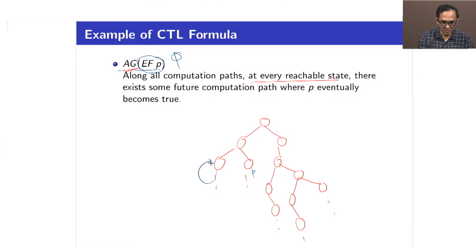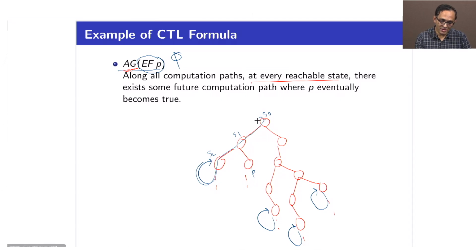I have to give a concrete example here. Let us say I have this, these are all self loops, so that it becomes infinite. Okay. Now, if you think about, this is my S0, this is my S1. So, now you think about the path, it is going like this. In this, this is S2, right. So, what I am saying is, if I take this path, in all states of this path EF P should hold, right. I will just explain for one path and then the other part will be intuitive.